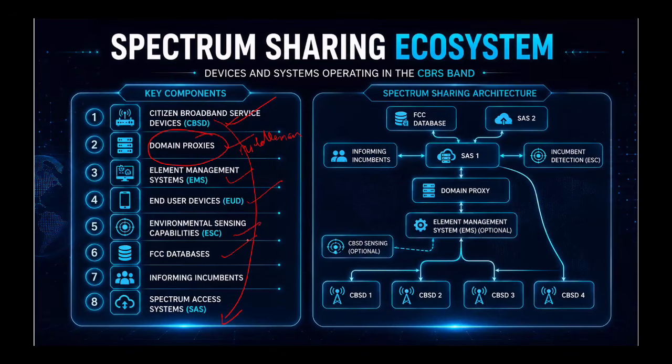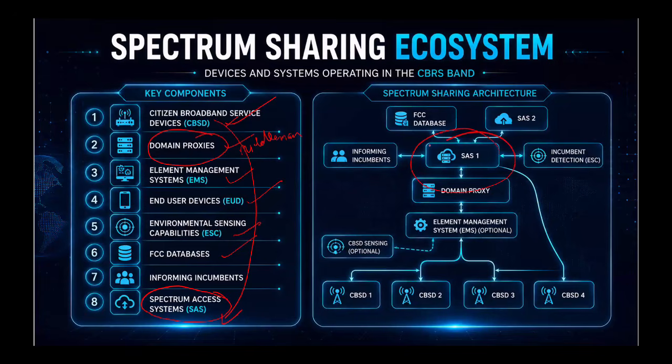And last, we have SAS, which is most important because it acts as the brain of the system. It decides who can use which frequency and when. If you look at the diagram, you can see that SAS is at the center of the ecosystem.